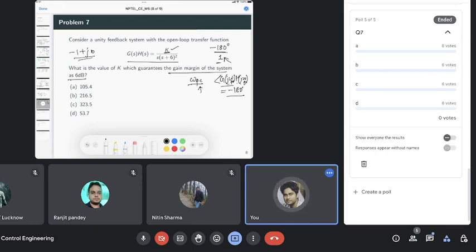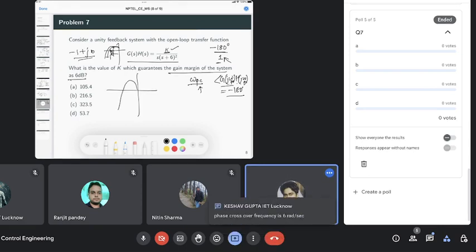If you are just to the right of this and not encircling that point, then your system is stable. Let this point be -1. As you increase the gain, this polar plot will encircle the -1 point, right? So how much gain can you increase till it reaches this point? Let's draw this here. Let this be some plot. This is -1.